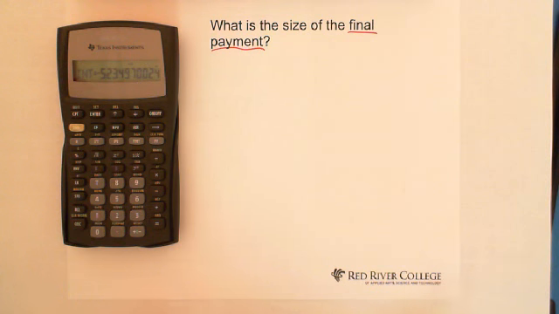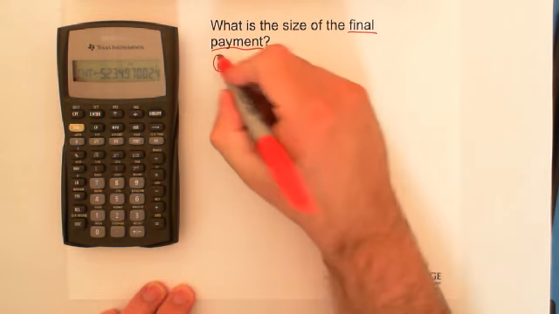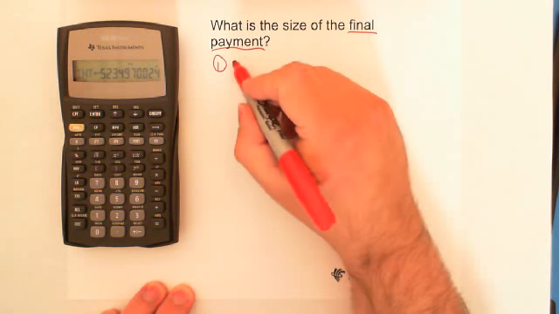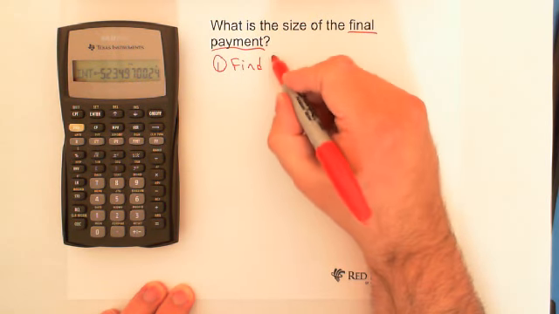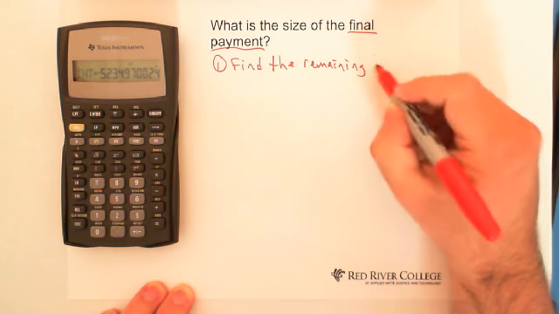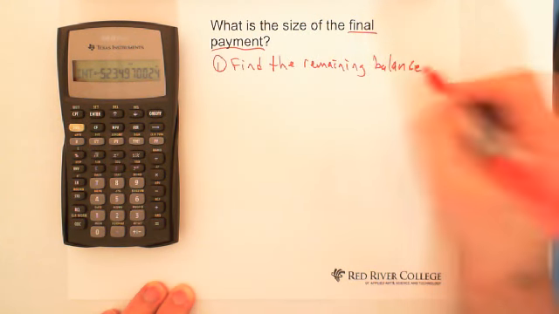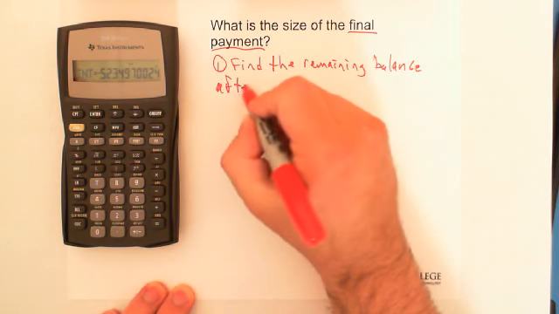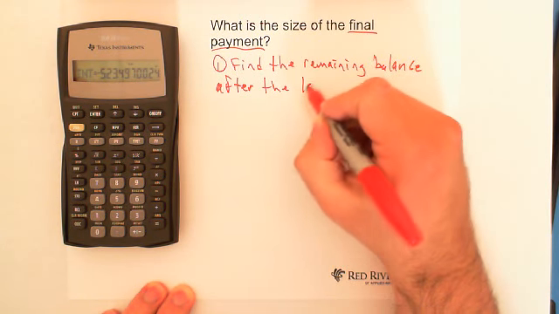There are two steps to finding the size of the final payment. First, we want to find the remaining balance after the last full payment.